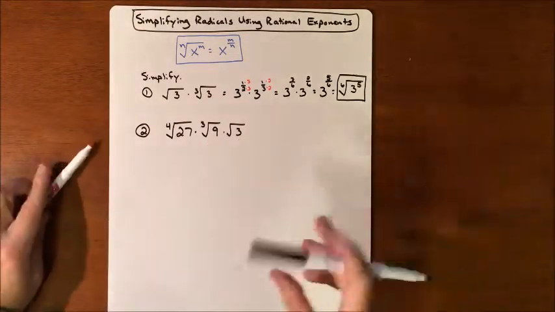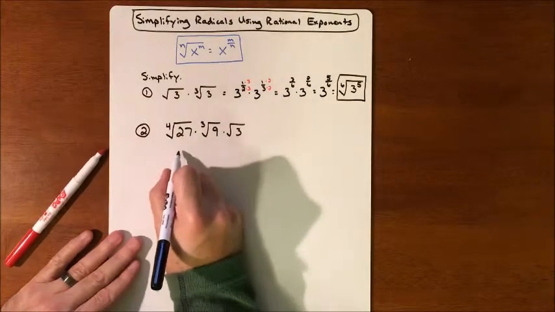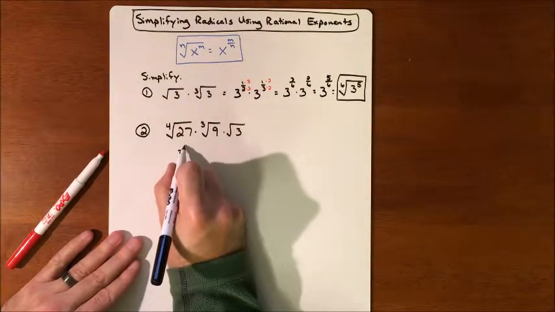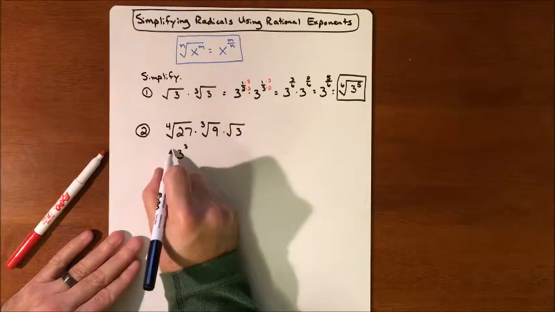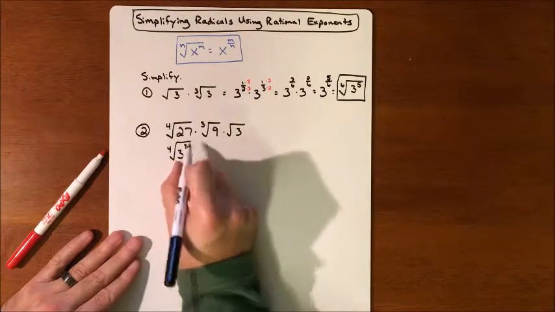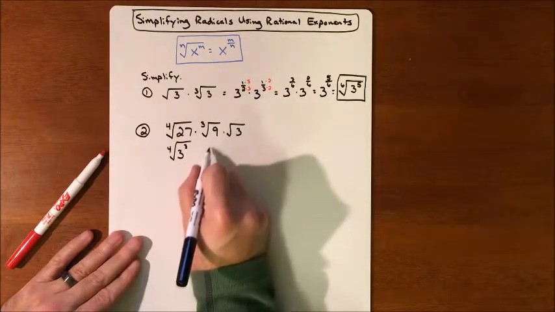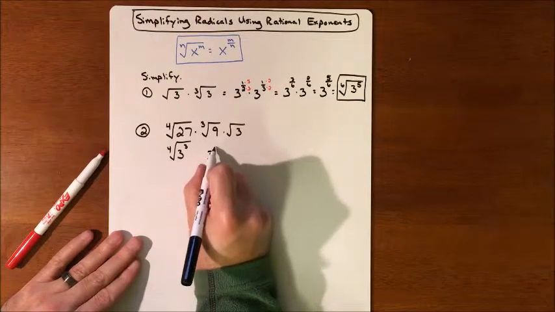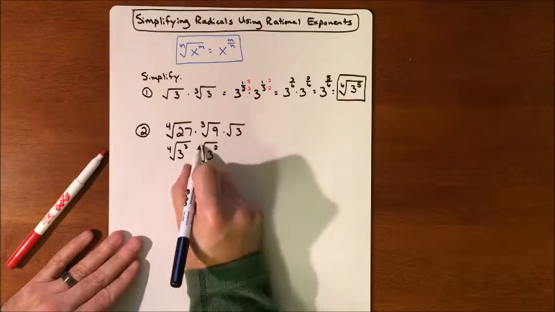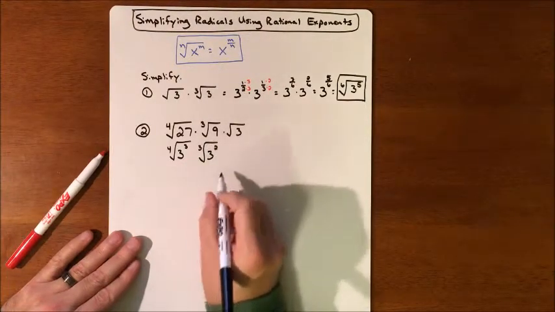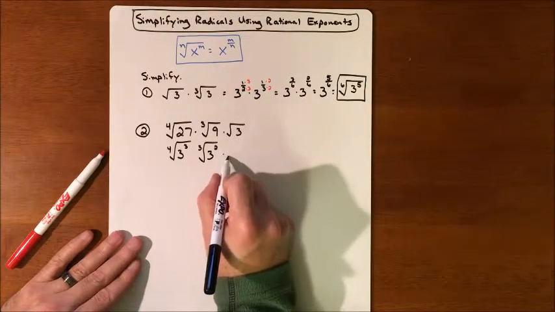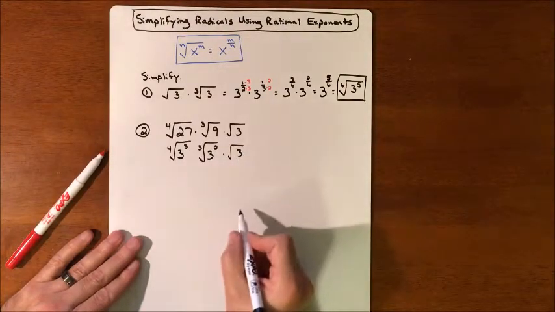We can rewrite those. So we're going to rewrite 27 as 3 cubed. And then that's still to the 4th root. We're going to rewrite 9 as 3 squared, which is still to the 3rd root. And we don't need to rewrite this at all. So we'll just kind of leave it.